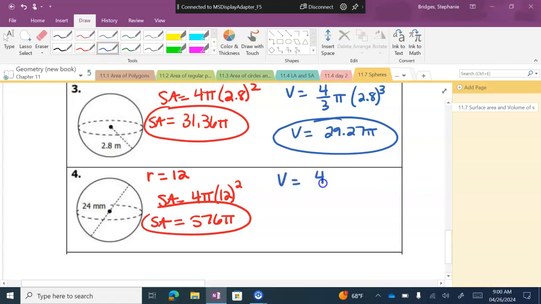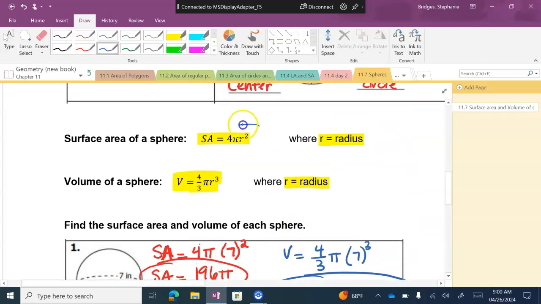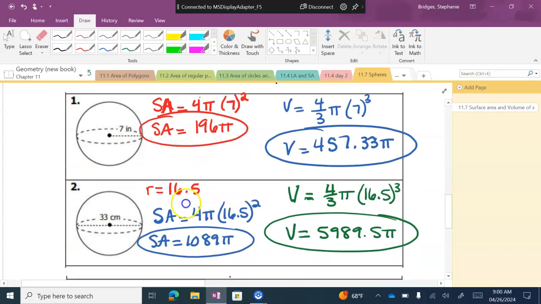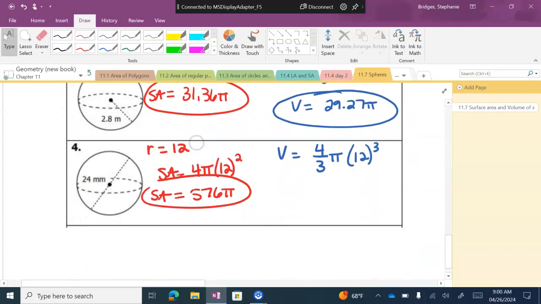All right, and then volume. Wait, how'd you get this? I took 12 and I squared it. I'm using this formula right here: 4 times pi times radius squared. So you square the radius, multiply by 4, that's for the surface area. The one you keep doing is for the volume. So I took 4 times 12 squared. 12 squared is 144. 144 times 4 gives me 576.